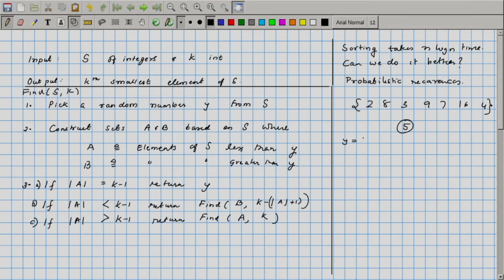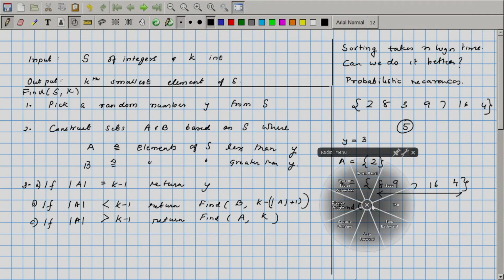So suppose y is equal to 3, and based on 3 we split: A is the set consisting of 2 and B consists of every other element: 8, 9, 7, 16 and 4. We know that the fifth smallest must be in B, and we will basically find the third smallest in B, because the first two smallest elements are in A and y.